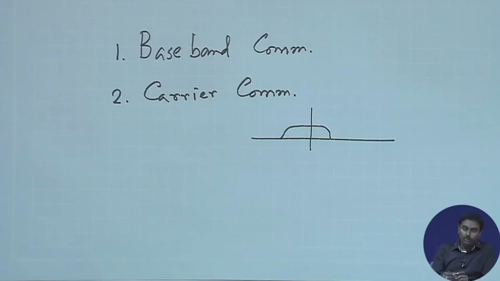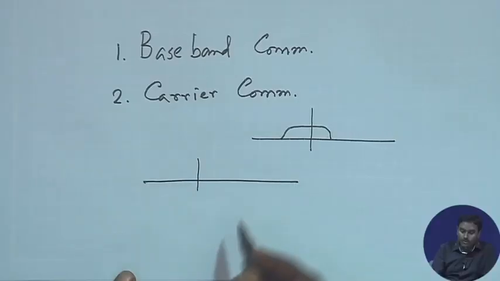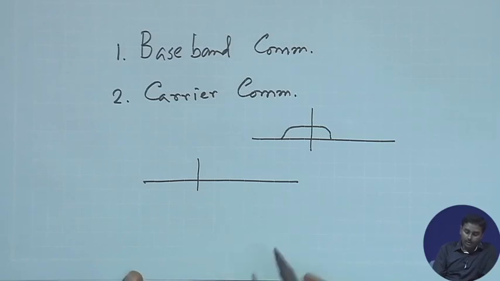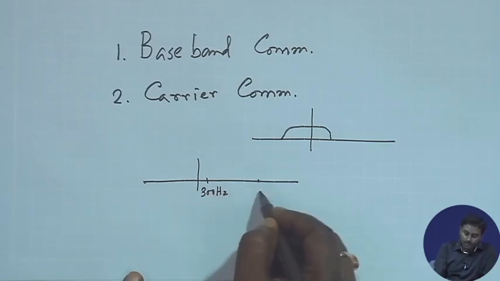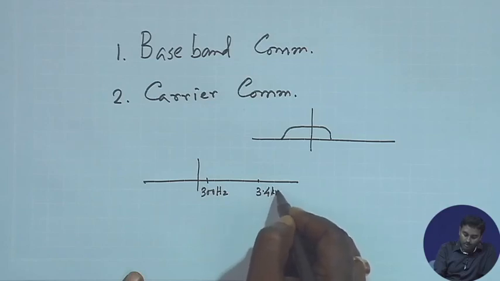So why is it called baseband communication? Generally the raw form signals that we generate, let us say a voice signal through a transducer. We talk, and the transducer converts it into an electrical signal. If we see how that electrical signal looks, for a voice signal it occupies a band starting from 300 Hz to 3.4 kilohertz.